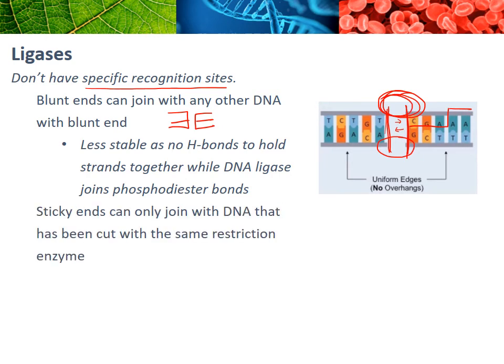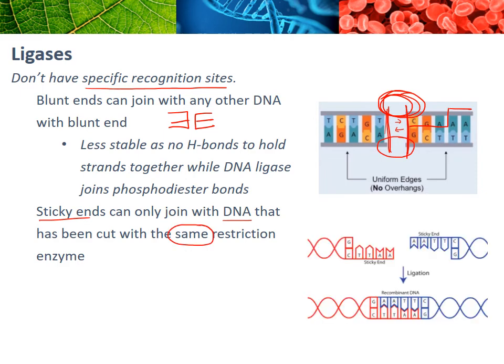On the other hand, sticky ends can only join with DNA that has been cut with the same restriction enzyme. So if we look at our first strand here, it was cut here, we've got sticky ends.